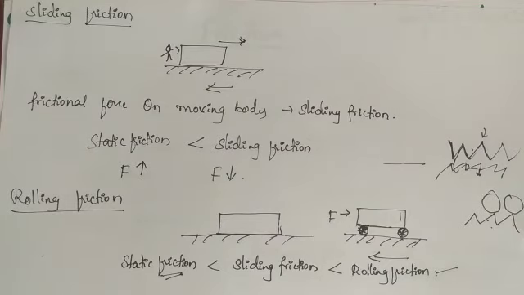They will be in contact, but it will slide up in the case of rolling friction. That is why in most cases we replace sliding friction by rolling friction. How do we use rolling friction? We use wheels to reduce the friction. This is a very important thing, how we reduce the friction.